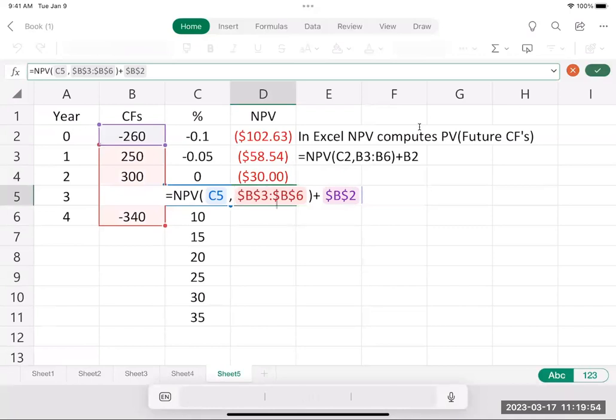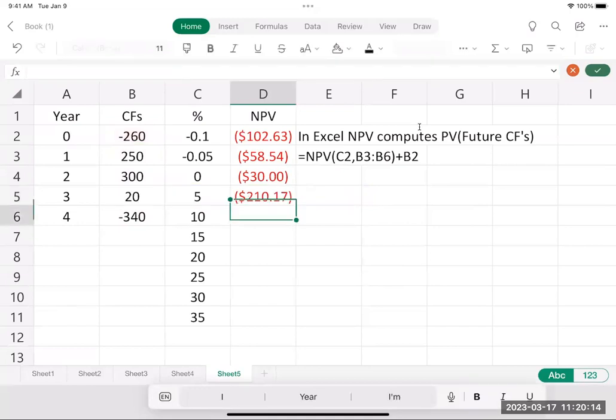I don't know why it's not working. So then just 250. The whole point of it though is to use the cells. 800. I don't know what the next one is. 20 and negative 340.